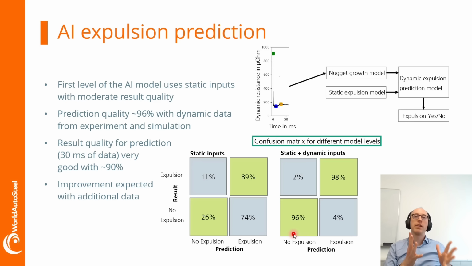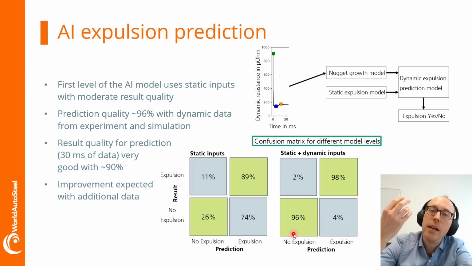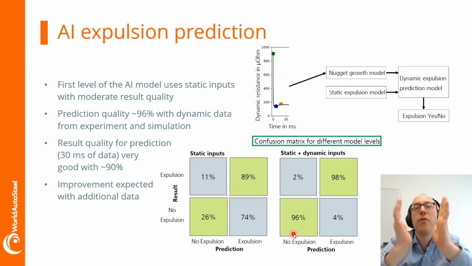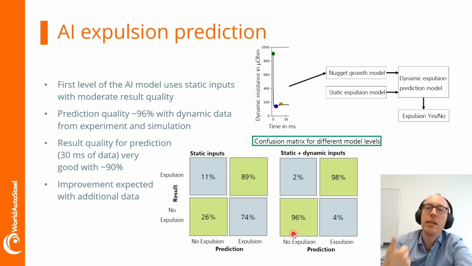The last step of this little experimental and simulative study is to only use a small amount of the data we actually have. Why? Because we want to use the AI to predict early.